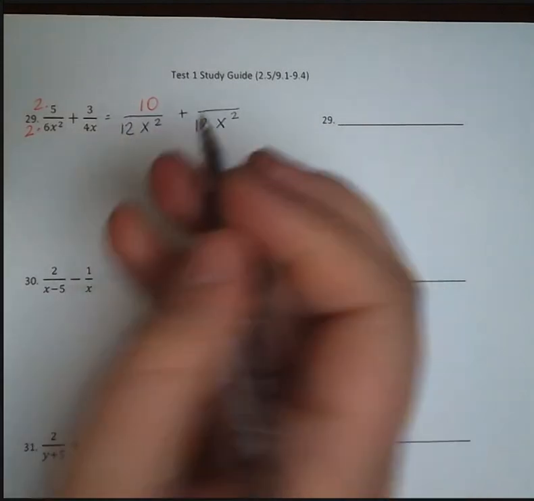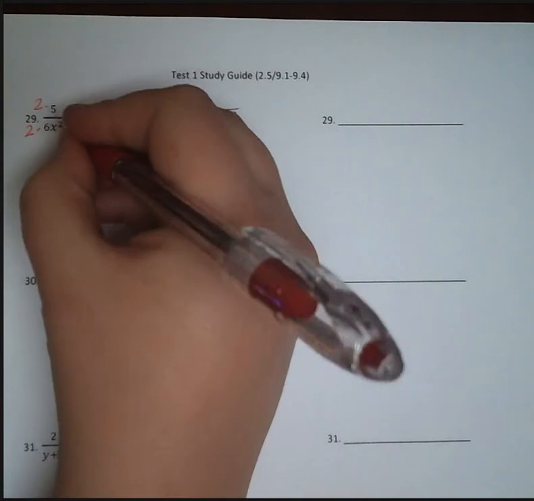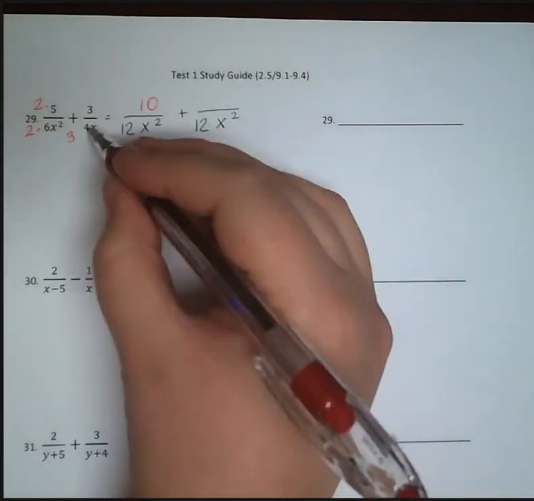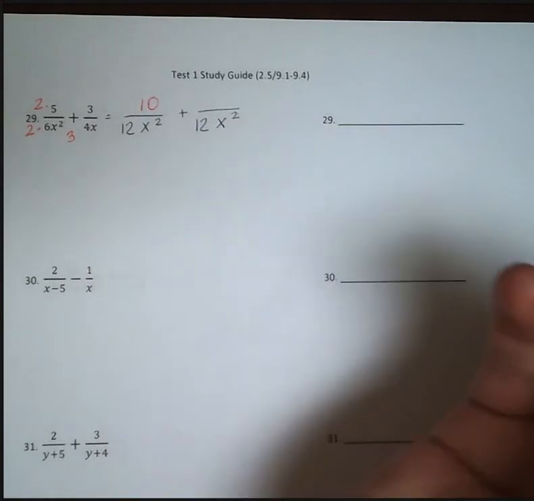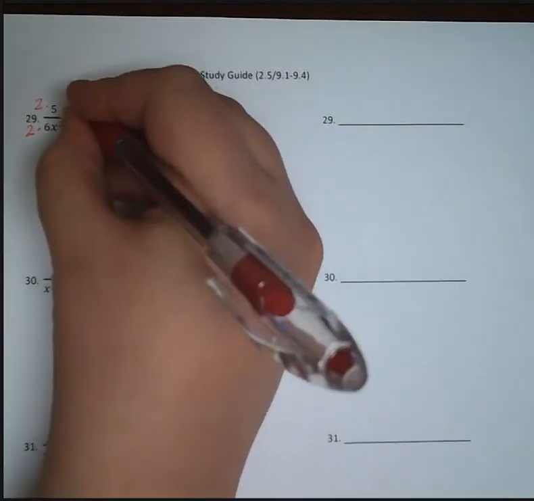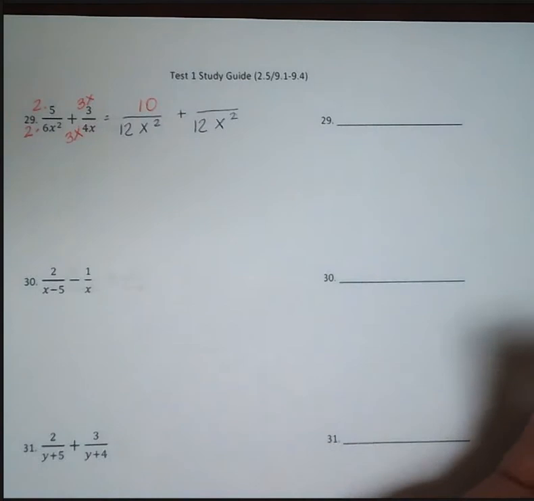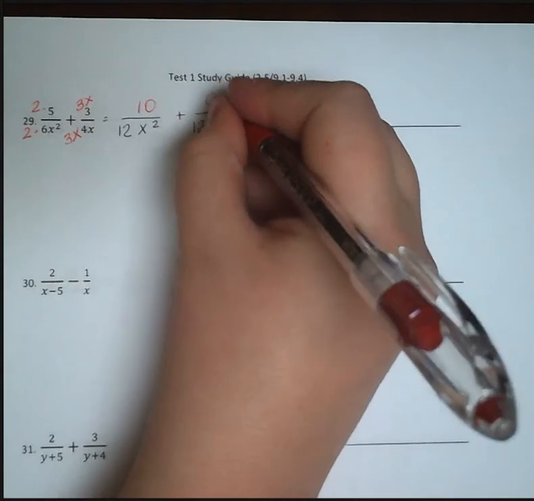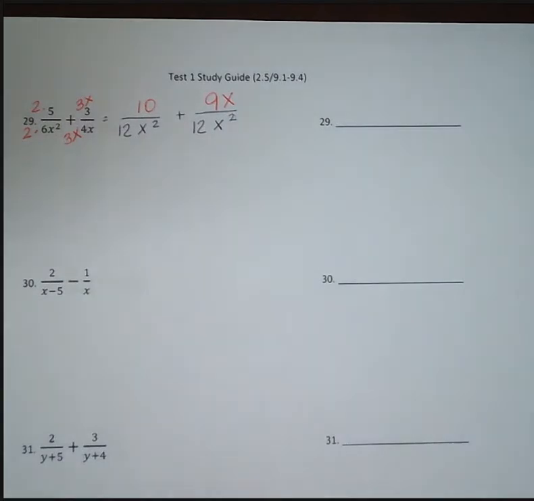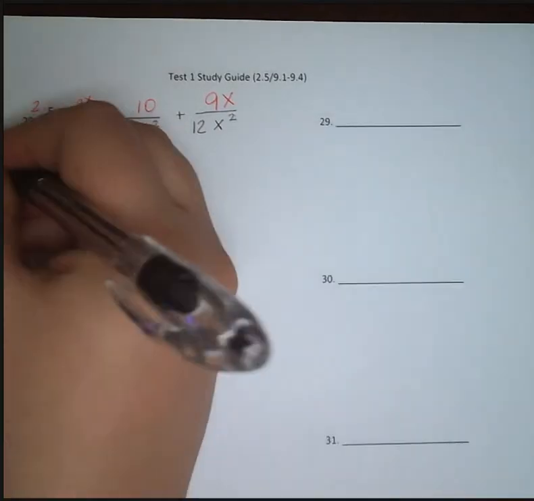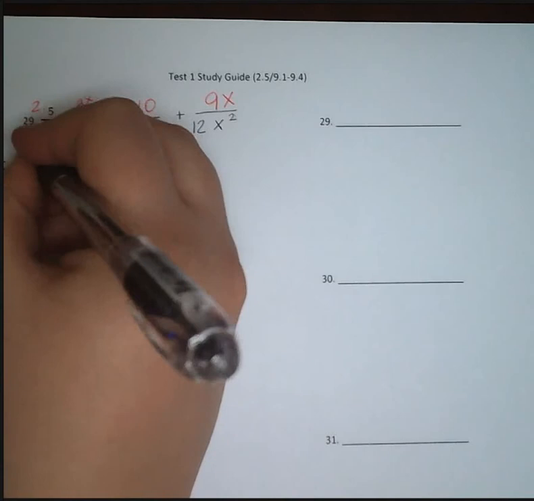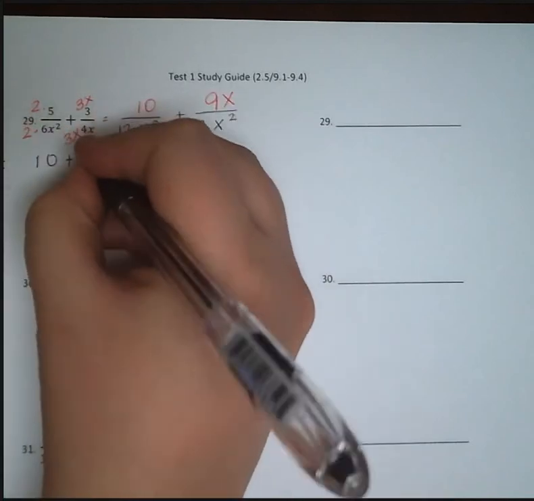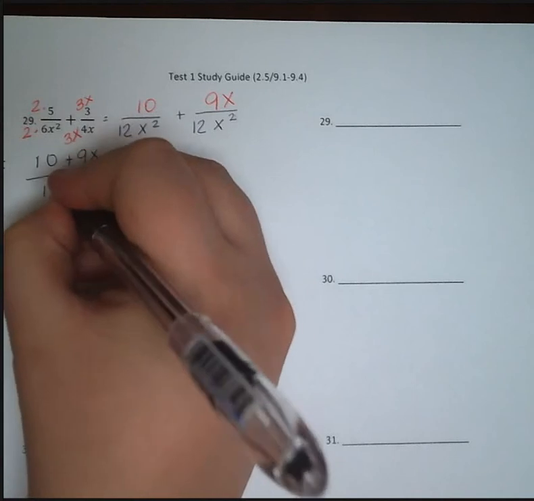We know we're going to multiply by a 3, and we need to multiply by an x, because if we just have 1 here, we need 1 more to get an x squared. Okay, so 3x times 3 is going to give us a 9x. Now when we add those together, we get 10 plus 9x over 12x squared.